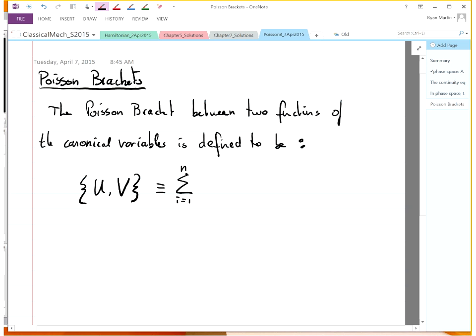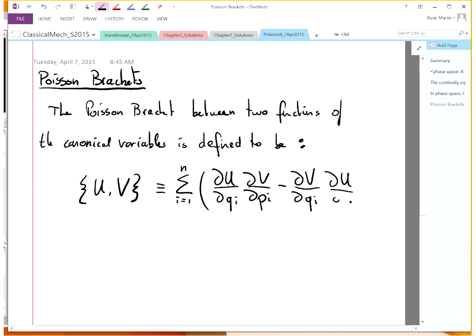That's defined to be the sum over the number of degrees of freedom, so from i equals 1 to n, of ∂u/∂qi times ∂v/∂pi, and then minus the same thing in the opposite order. So then it's ∂v/∂qi multiplied by ∂u/∂pi.